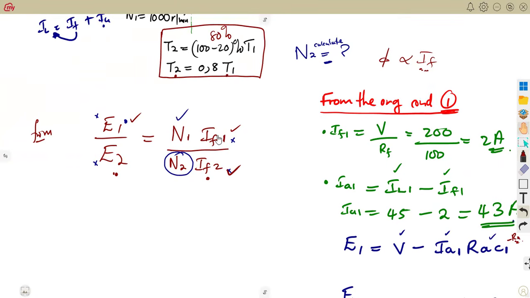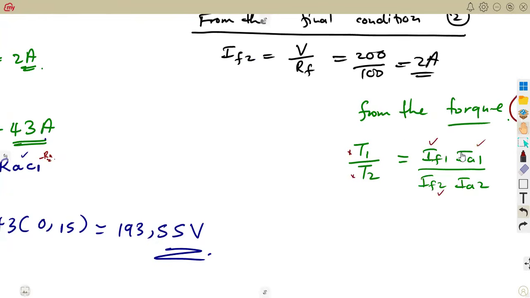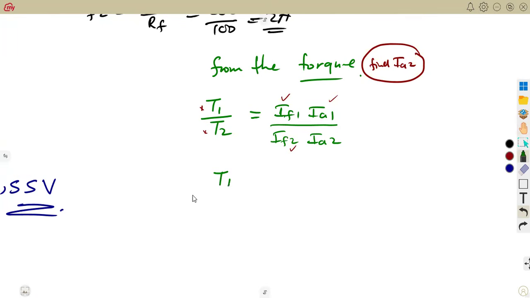So we are going to remove T2 and write it in terms of T1. There is no replacement of T1, but you have to remove T2 and write it in terms of T1, it was 0.8 T1, which is equal to all these we have.